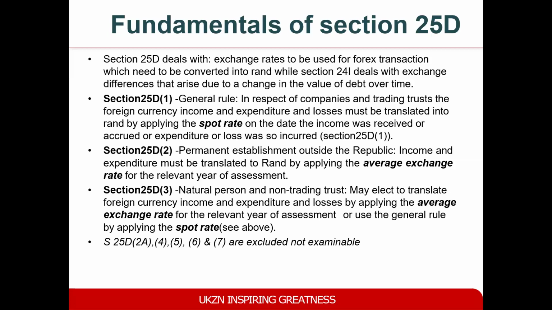The spot rate, yes. So in this case, natural persons and trusts may elect to use these two. So you don't have to worry then about 25D2A, 4, 5, 6, and 7. Just worry about these ones. These ones are very important ones and will be dealt with in this class. All right.